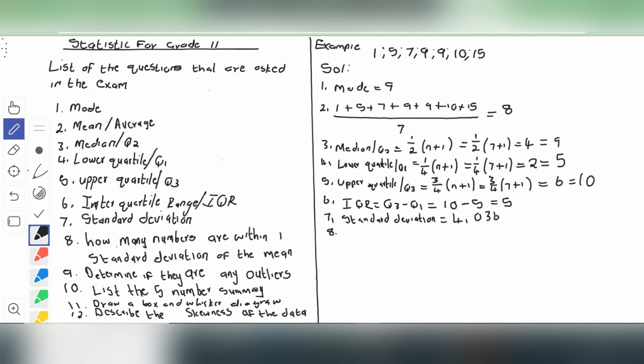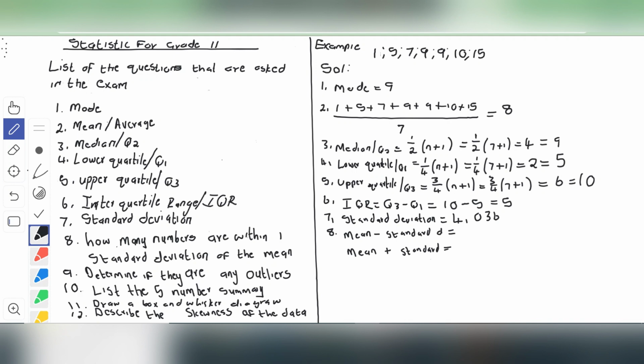So, the formula that you're going to use whenever you find a question like this is mean minus the standard deviation is equal to, and then the second one is mean plus the standard deviation. These are the two formulas that we're going to use.